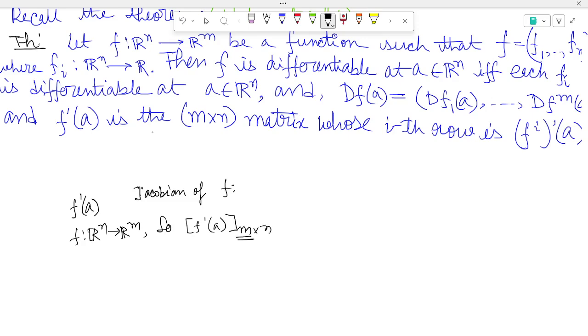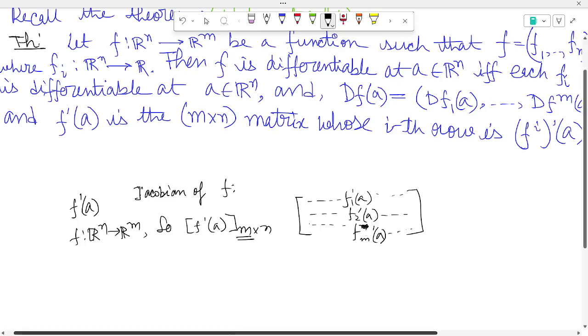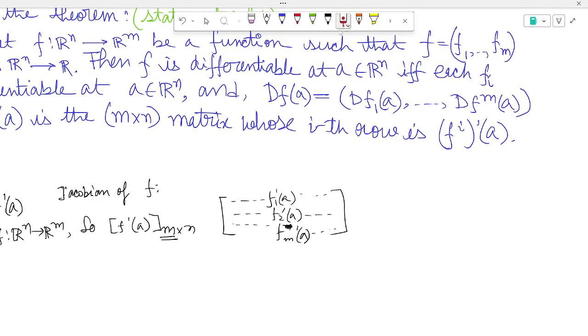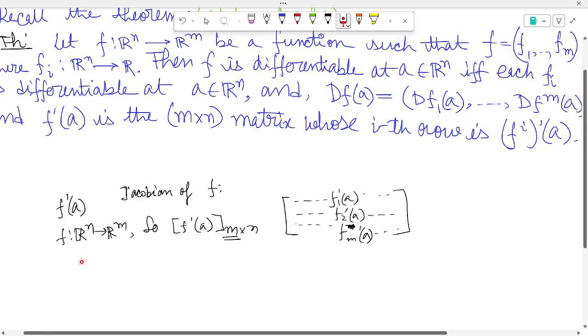So there will be m rows: the first row will be f1 dash a, the second row f2 dash a, and the mth row will be fm dash a. In particular, they are arranged one below the other. That is the statement.